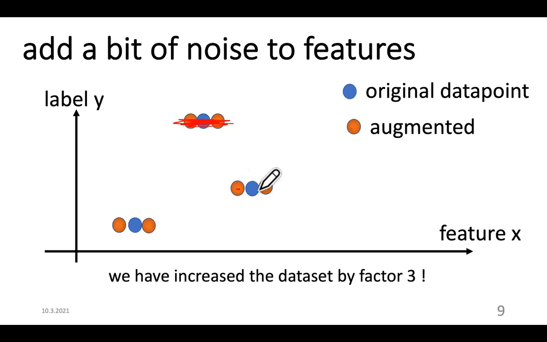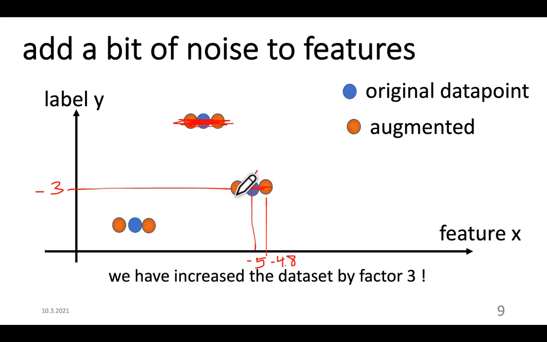So I add a bit of noise, I add small perturbations to the features, and say, but the label should not change. So if I have observed such a day with minimum temperature, let's say -5 and maximum temperature -3, then I could also have likely observed a day with minimum temperature -4.8, but the same maximum temperature -3.